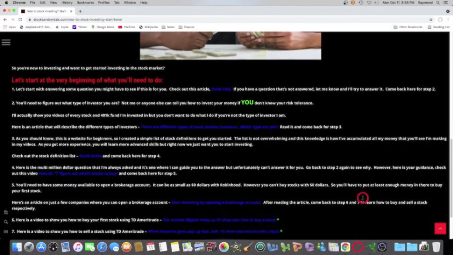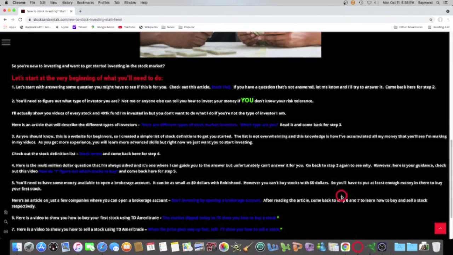The stuff is easy. I take you from the very first thing, which will be stock frequently asked questions. Then I'm going to take you to how do you figure out what type of investor you are. Then I'm going to show you different types of investors.